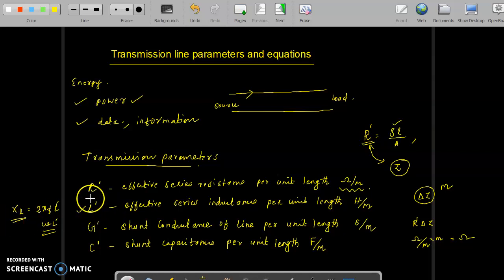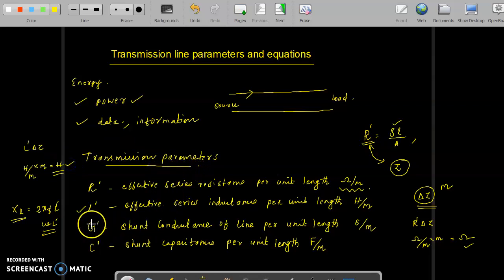This also depends on the network length. The unit of L dash is Henry per meter, and with L dash delta Z, where delta Z is in meter, the total inductance is in Henry. So total resistance is in ohm and total inductance in Henry.